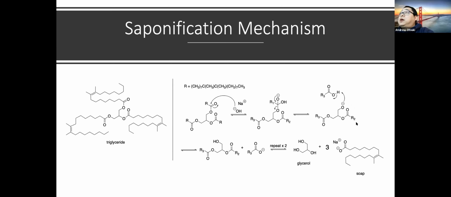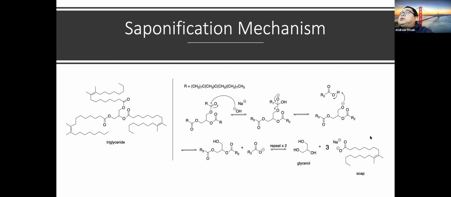We're going to do that again on both of the other ester groups, 1, 2, and eventually we end up with glycerol, very water soluble, and we get our soap right here, 3 of these chains. So that's 3 soap molecules.